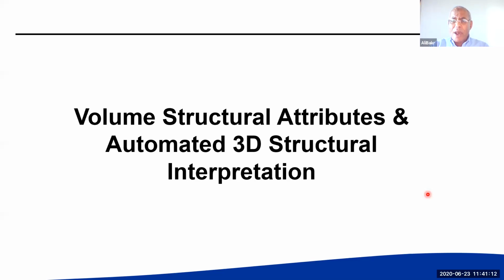Even now, with the quality of the data, I would be able to define not only the faults but also the fractures. The fractures in carbonate rock, for example, are responsible for the porosity. So I can use this volume attribute just by a click. You put the seismic volume in from one side, and you get from the other side the volume as an attribute. I'm going to show you this in a minute.